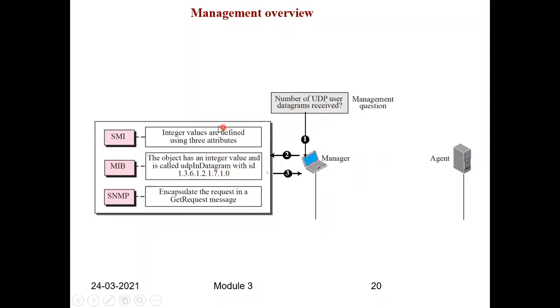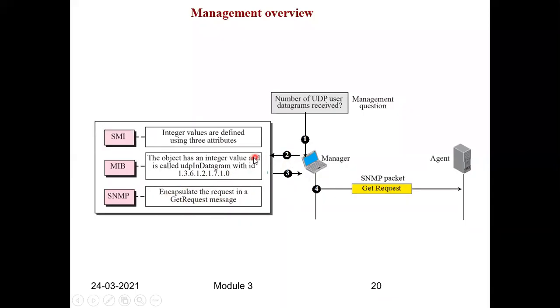Okay, so this is the object identity of whatever task we are supposed to follow. Once I get the message, the MIB will declare the object, its value, and that question from the manager. The manager is seeking that answer. It becomes a packet, so it encapsulates the request.